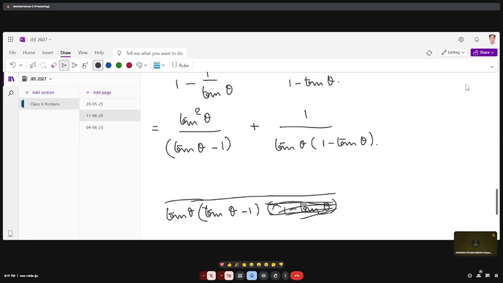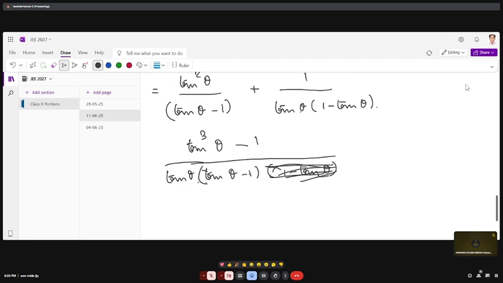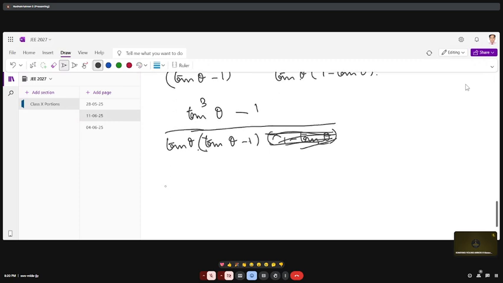Then you divide this by this, you get tan theta. Tan theta into tan square theta, you get tan cube theta. Okay. When you divide this by this, you get minus 1 here, right? Tan theta into tan theta minus 1 divided by tan theta into 1 minus tan theta, you get minus 1. So minus 1 into 1 is minus 1. So this is what you get, tan cube theta minus 1 over tan theta into this. But tan cube theta minus 1 can be factorized, right?